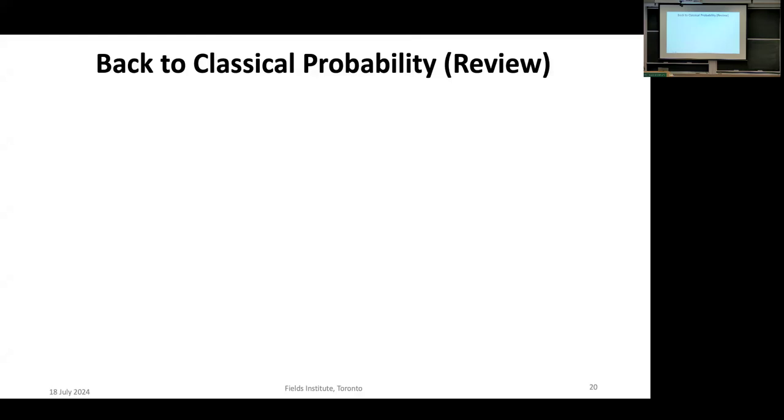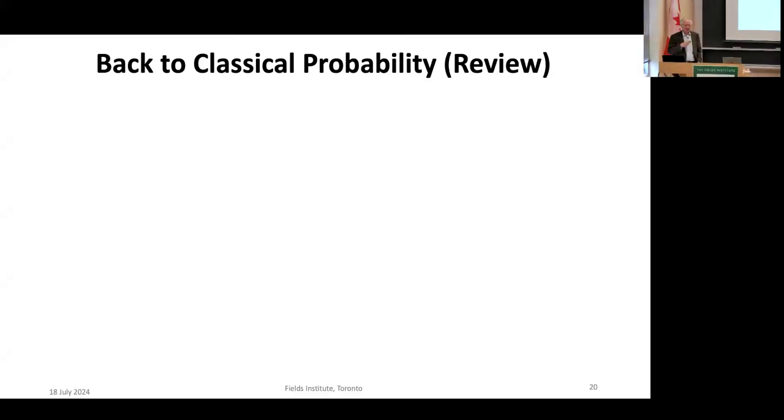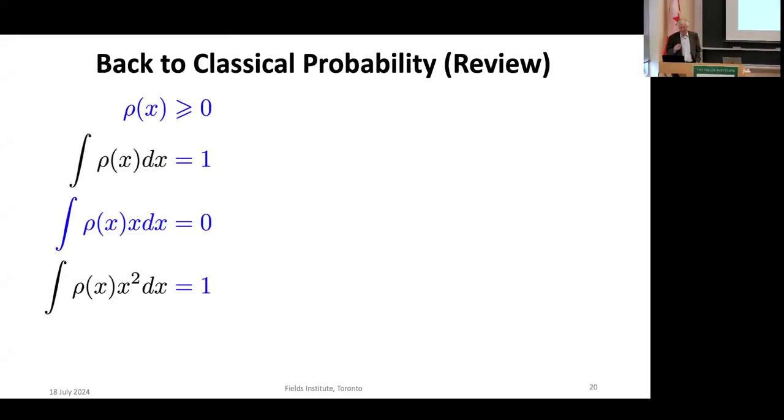So now I'd like to make a transition back to classical probability theory and explain the central limit theorem. Everybody here probably teaches it in a first course in analysis, but let me just review the basic facts. I start with a function of a single variable x, real variable, positive function with integral 1.